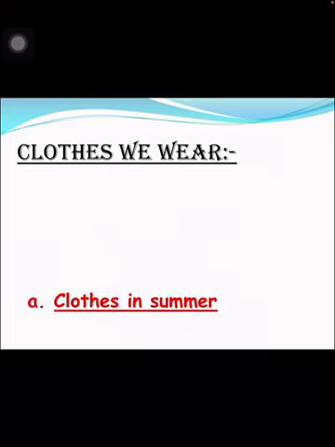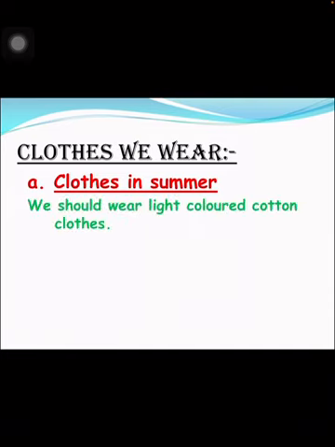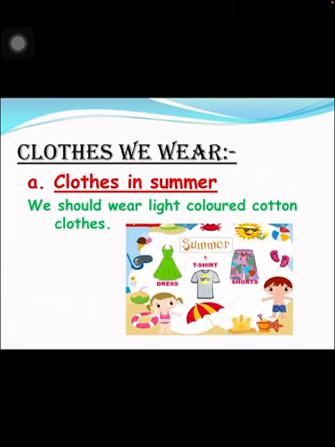First of all, we will read about clothes in summer. What type of clothes do we wear in summer? We should wear light colored cotton clothes in summer, as you can clearly see in the example. Different types of dresses, shorts and t-shirts which are made of cotton are helpful in the summer season.